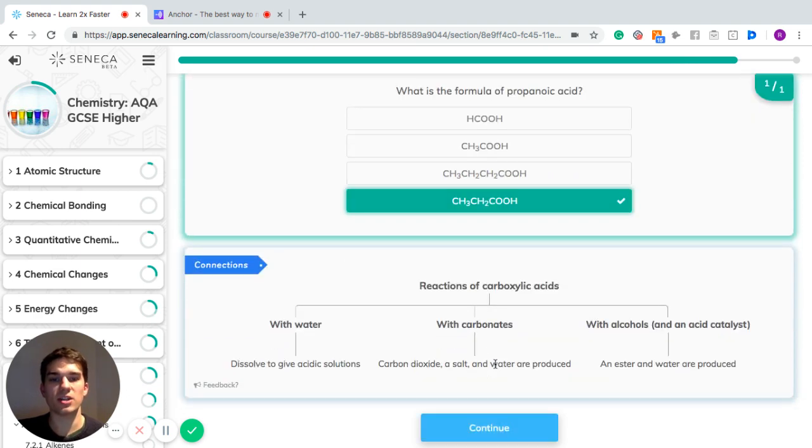And just to run through the reactions of carboxylic acids again. Carboxylic acids with water dissolve to give acidic solutions. Carboxylic acids with carbonates form carbon dioxide, a salt, and water. And carboxylic acids with alcohols with an acid catalyst form an ester and water.